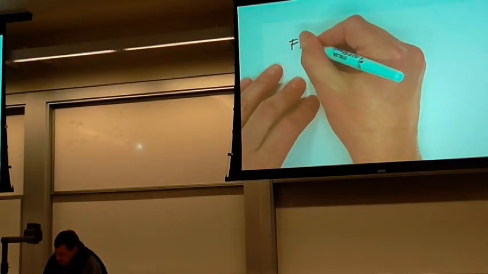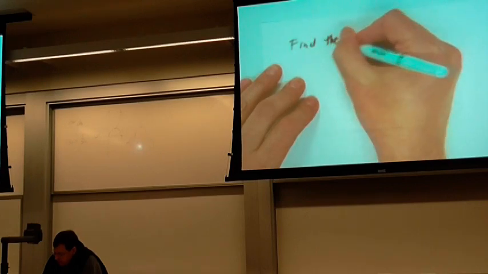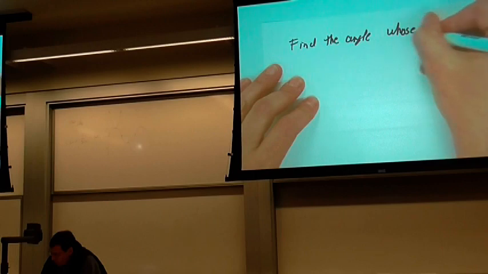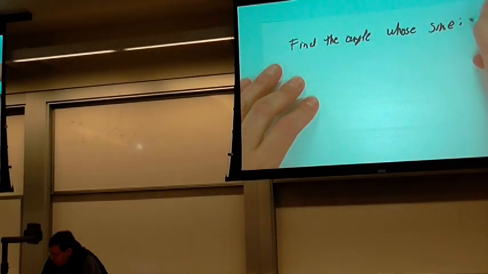Let's look at some problems. I'm going to start with a very simple one. Find the angle whose sine is 1 over the square root of 2.